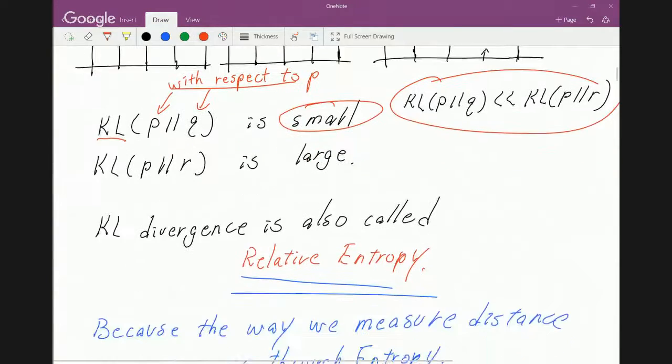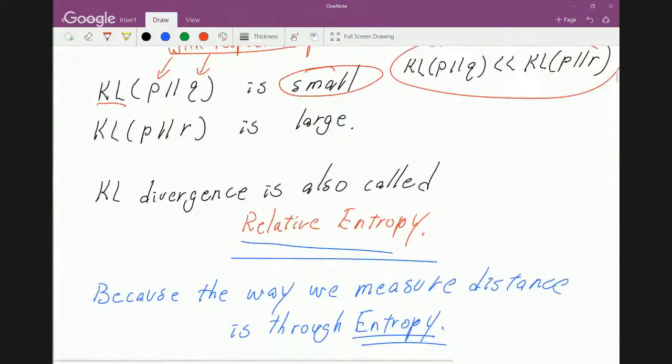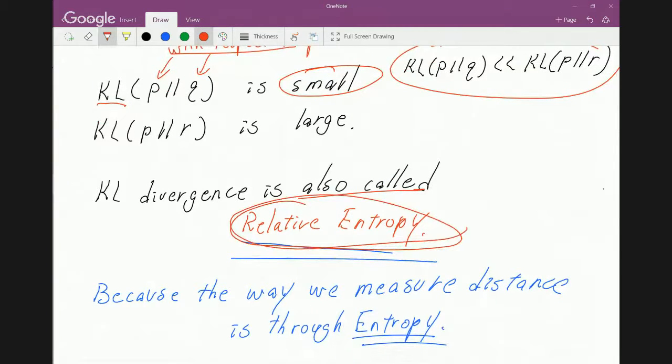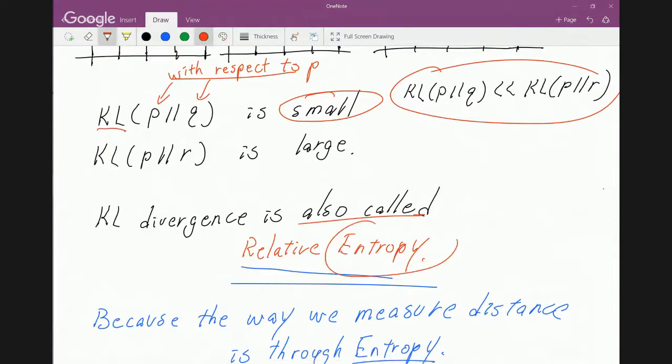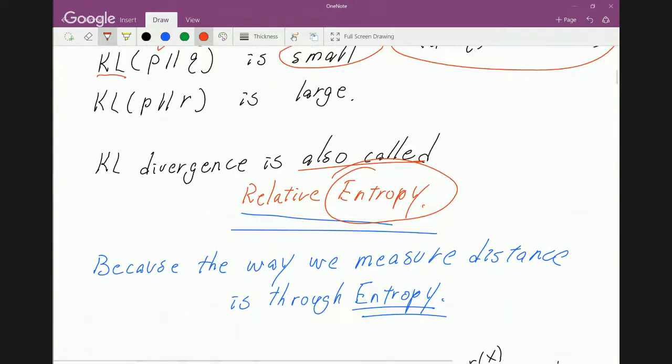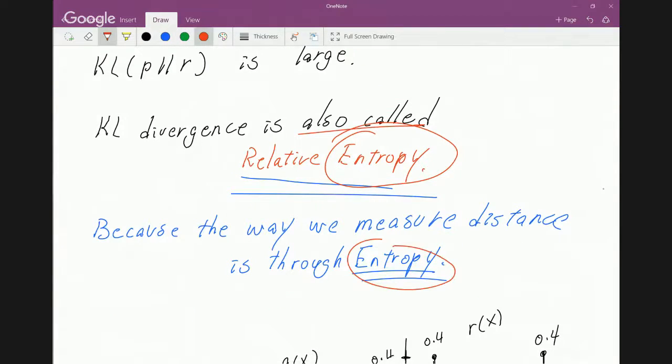Now, remember that KL divergence is also called relative entropy. So when we're talking about distance and measuring how far away they are from each other, what we're using is actually entropy. How far are the entropies between them away from each other? Okay, so we're using entropy to measure the distance.